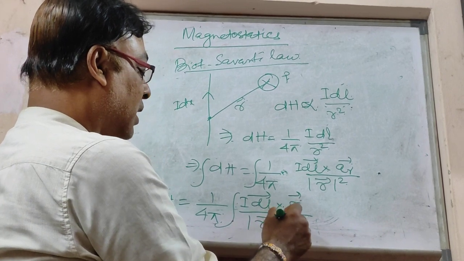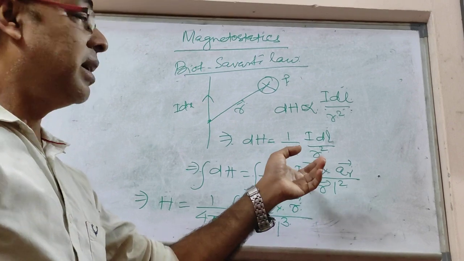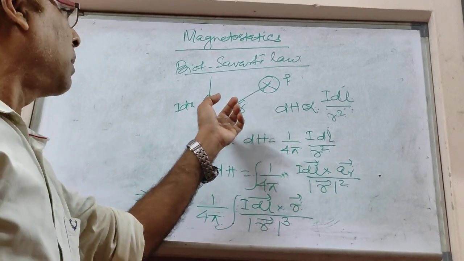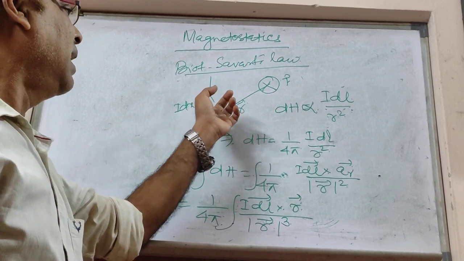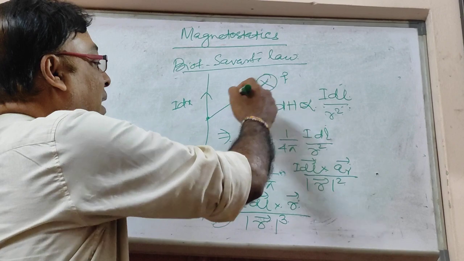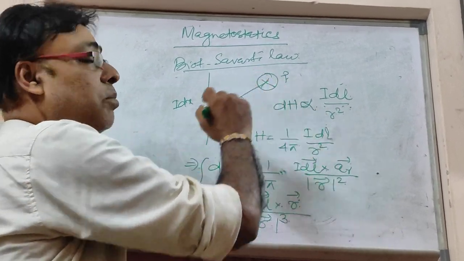So this will be R cube. How is the direction of the magnetic field intensity found? It is perpendicular to the plane containing Idl and R, that means the current element and the distance between the current element and the point P.